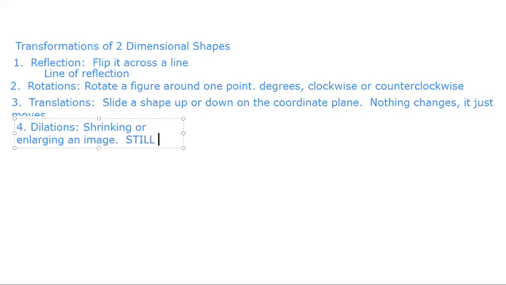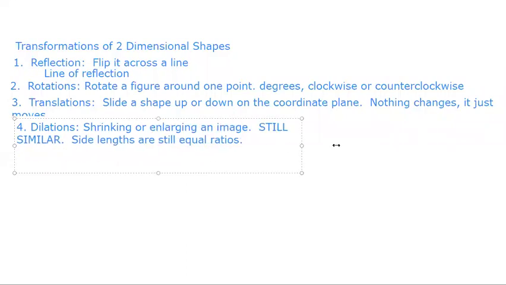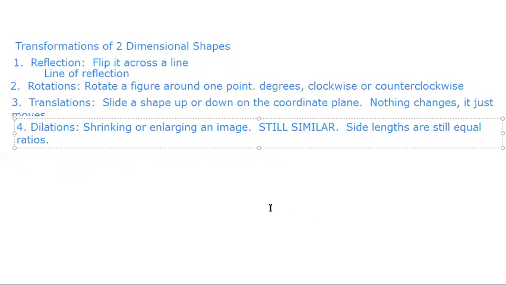They're still similar. Side lengths are still equal ratios. We had a whole lesson about that. So you're going to keep this proportionality. It's going to make a similar image when you dilate something to either a larger or a smaller one.